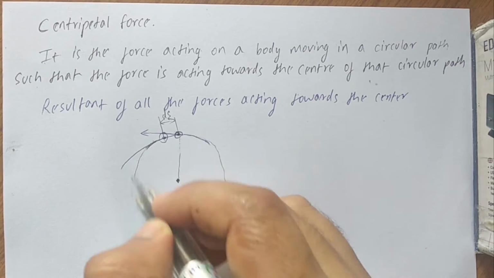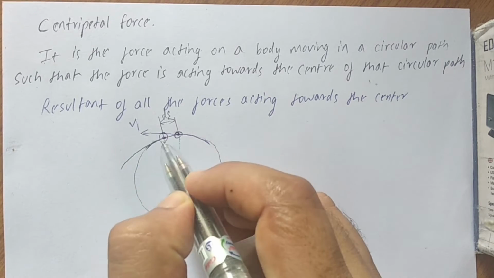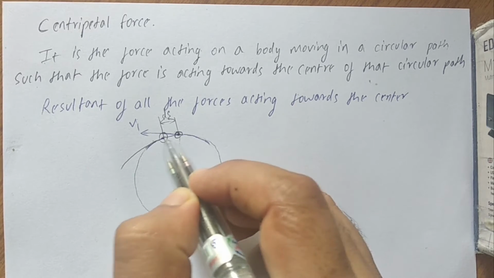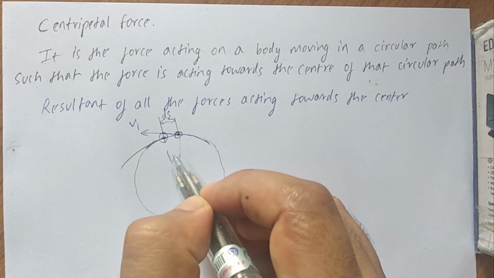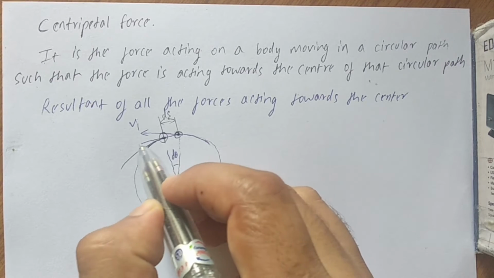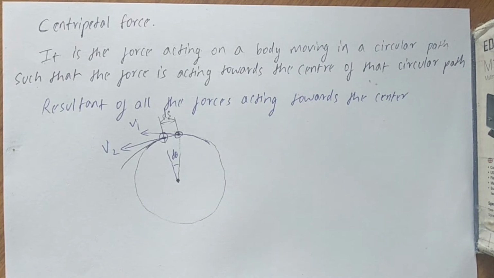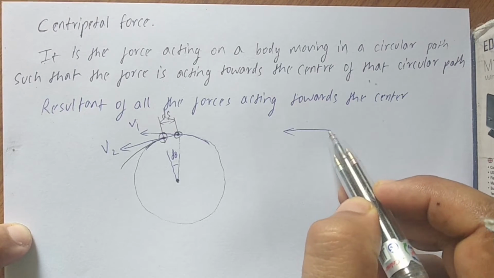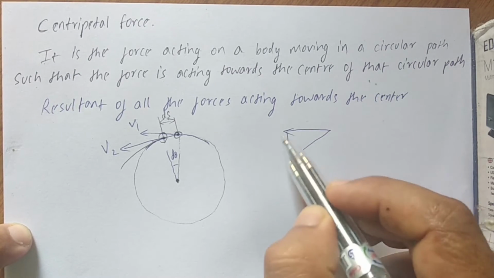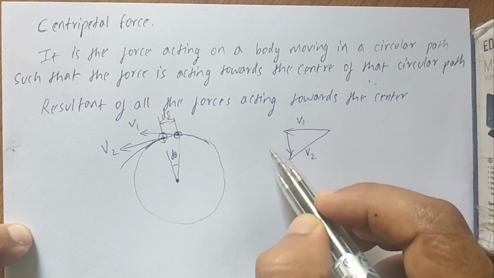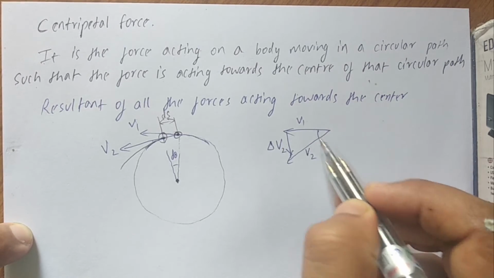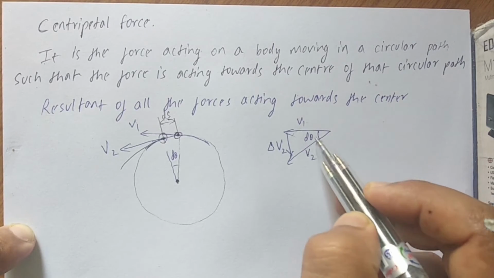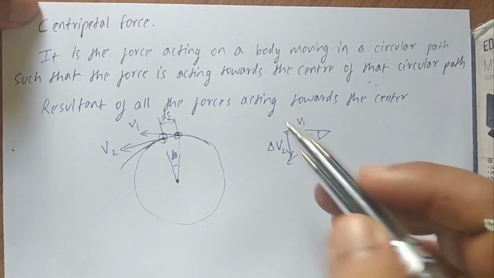It is tangent to this circle, that is v1, and after it has moved by some certain angle, d theta, its velocity is pointing in this direction, v2. So this velocity and this velocity have this change in velocity. You can take a vector concept in this situation, and the angle that is traced is d theta.